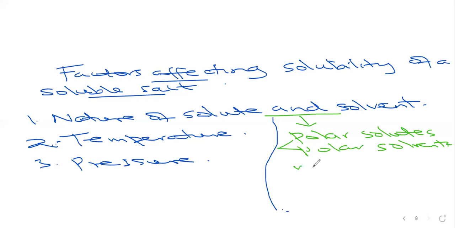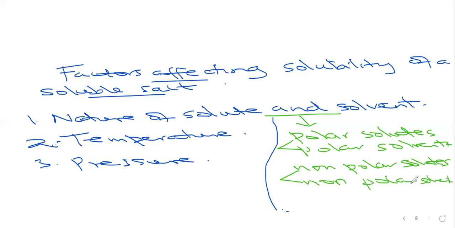And you're also aware that the non-polar solutes are soluble in their corresponding non-polar solvents. It's very rare or even almost impossible to find a polar solute soluble in a non-polar solvent. So that's what we can say about nature of the solute and the solvent.